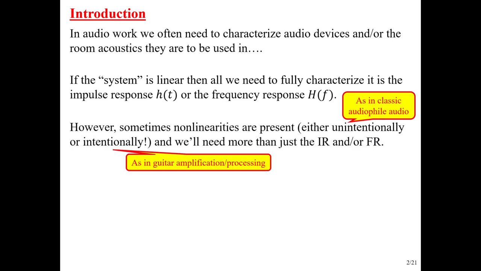Now, a lot of times there are some nonlinearities involved, and those could be either unintentional or intentional. So in an audiophile amplifier, if there's any nonlinearity in there, it wasn't by plan. The goal is to make those as linear as possible.